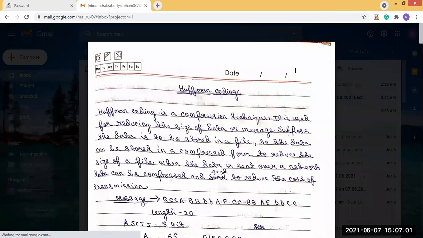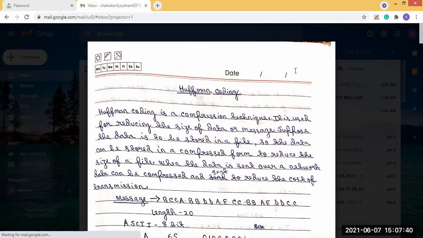That is the case of storing data in a file. But when data is to be sent over a network, you will see compression techniques in the computer networks subject in your sixth semester. If the data is to be sent over the network, it must be compressed before. Why? Because it reduces the cost of transmission.